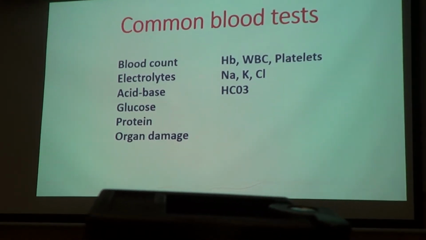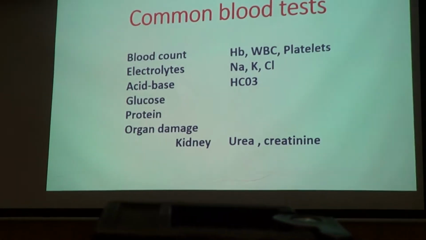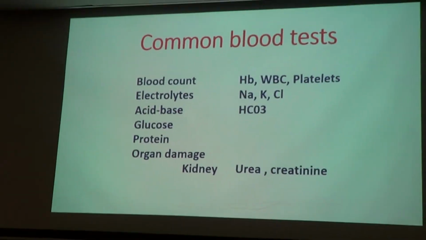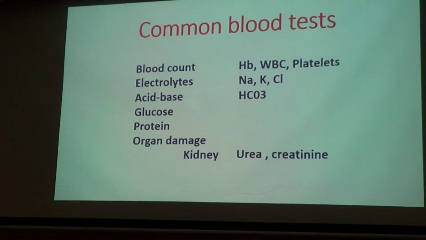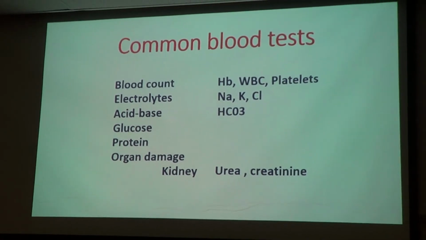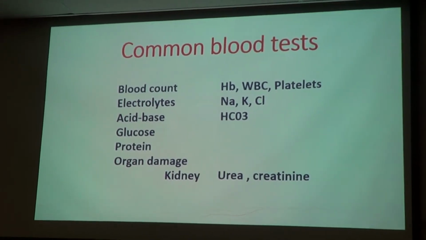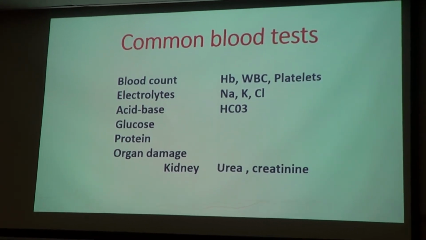Similarly, we do the kidney damage by doing urea and creatinine. So basically what these tests tell you is the status of three compartments, which I already described to you. That's your normal physiology.